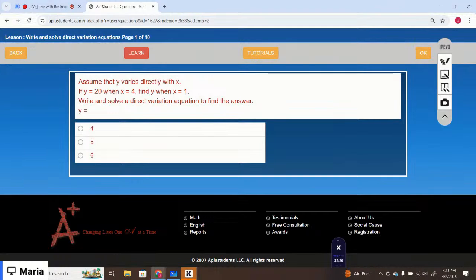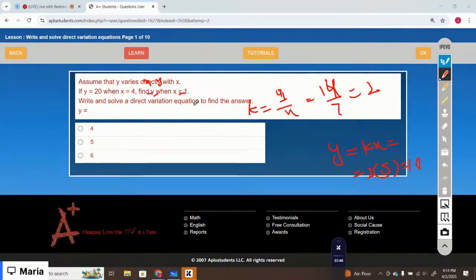If y equals 20 when x equals 4, find y when x equals 1. So calculate the k.